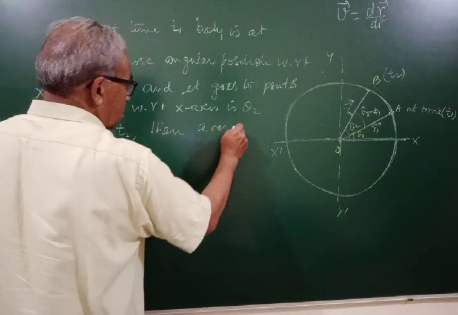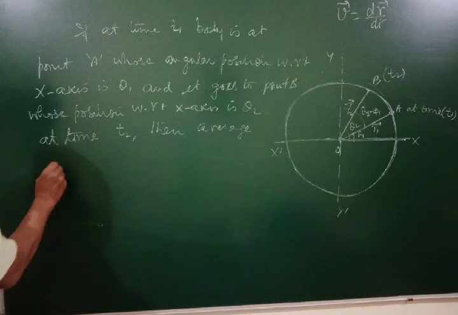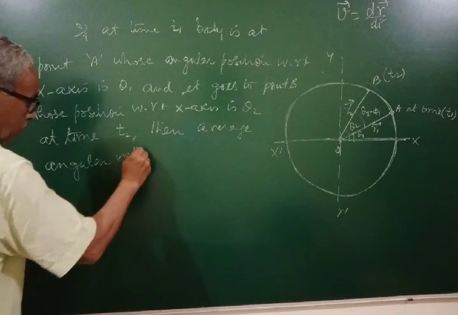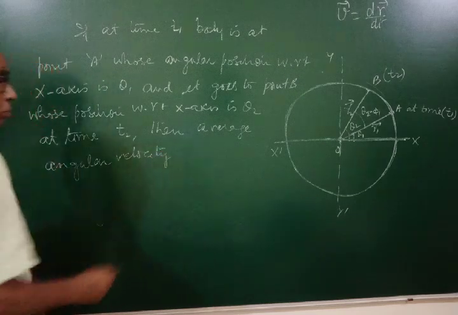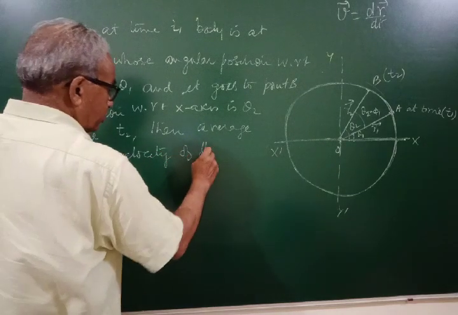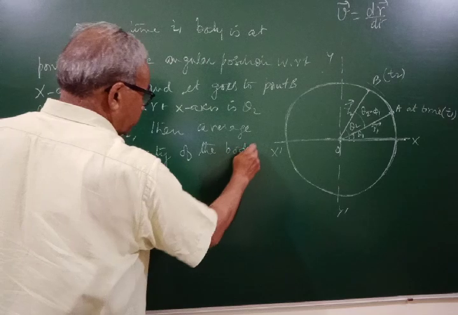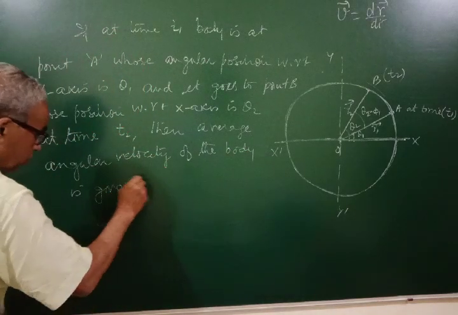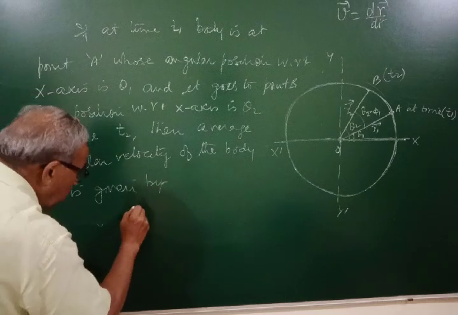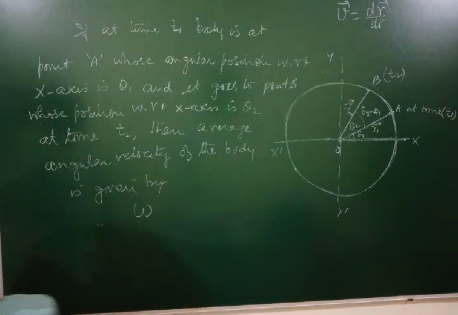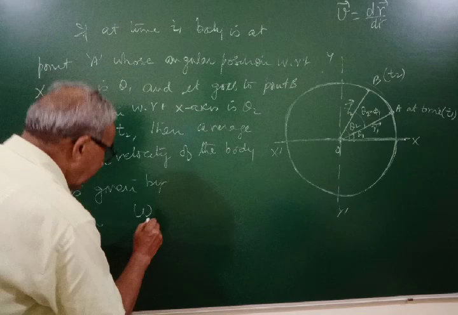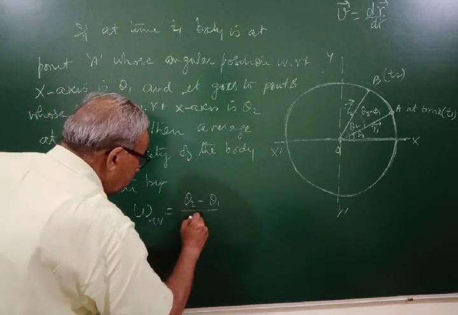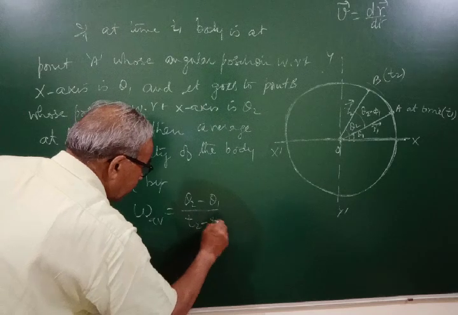then the average angular velocity of the body is given by omega. This is not W, we should speak it omega. Omega average is equal to theta2 minus theta1 upon t2 minus t1.